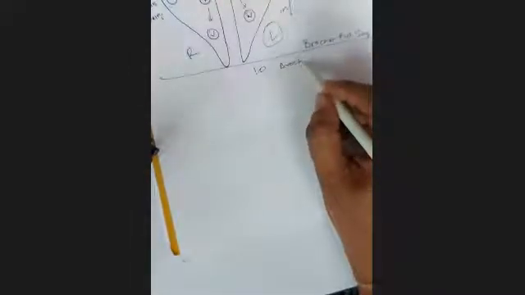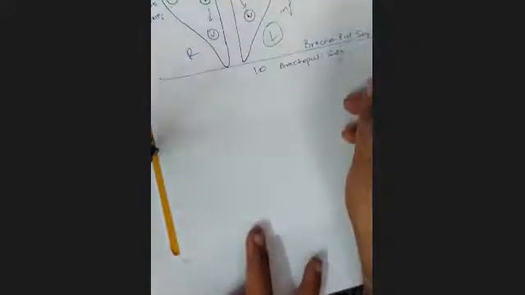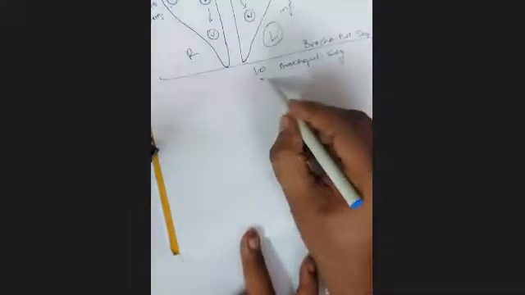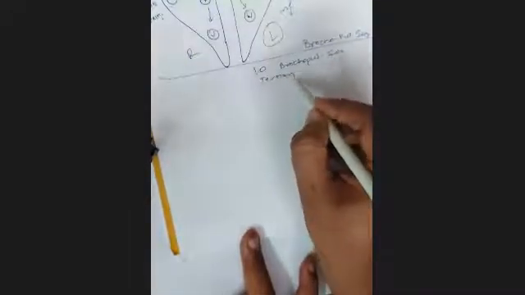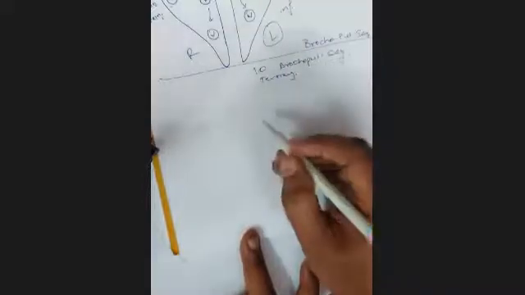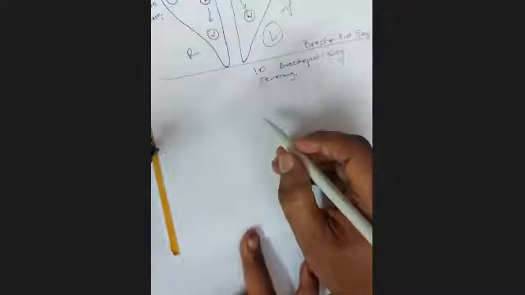So what are these? They are aerated by the tertiary bronchus. The primary bronchus aerates the lung, the secondary bronchus aerates the lobe, and the tertiary bronchus aerates the bronchopulmonary segment.